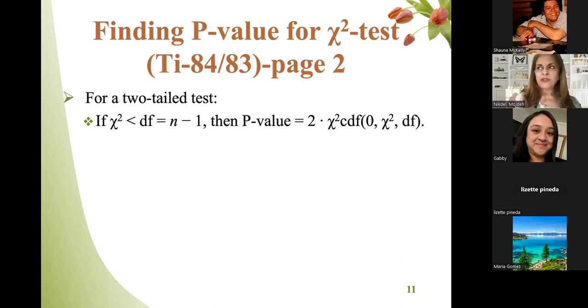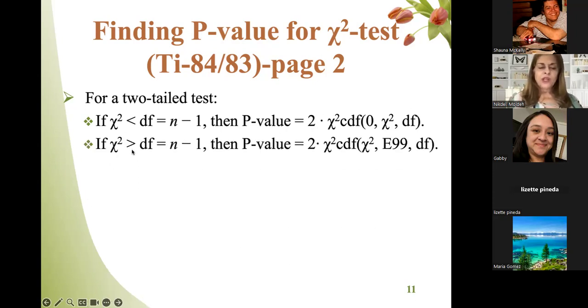For t-test and z-test, I compared my test value, z or t, with 0. Here I compare it with degree of freedom. If test value is less than degree of freedom, then I'm going to find the area of the left tail, chi-square CDF of 0, test value, and degree of freedom, and I double it. That gives me the p-value.